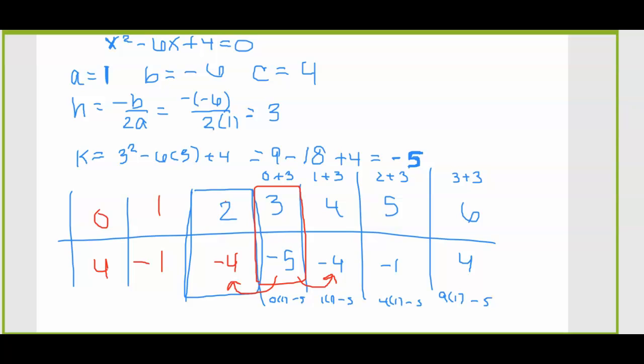Reese, go ahead and pick on one last person. 0 and 1. Very good. I have a root between 0 and 1. And I have a root between 5 and 6.